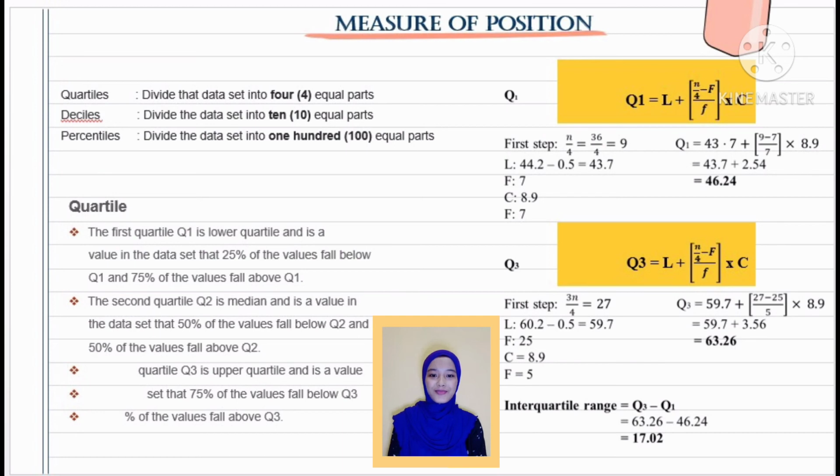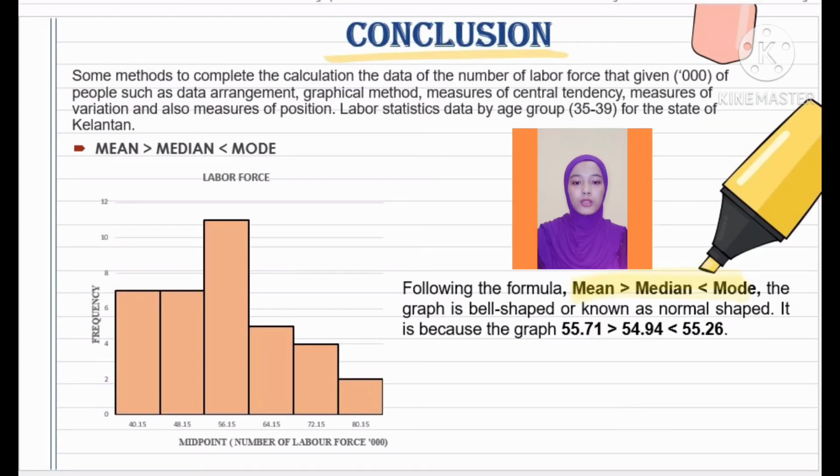Thank you. Now I will continue the presentation about 3.0, that is the conclusion for the data of labor by age 35 until 39 in Kelantan from 1982 until 2019.